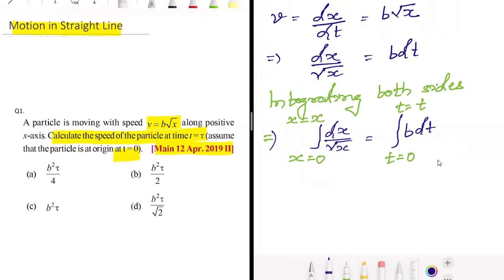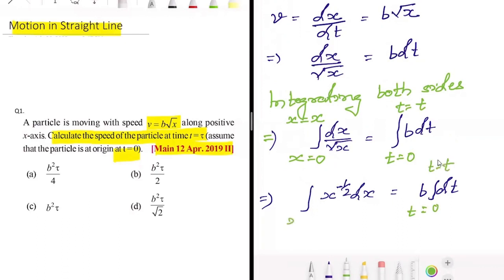So let's go ahead and integrate it. You can write it further as x to the power minus half dx is equal to b dt, putting the limit. Correct?